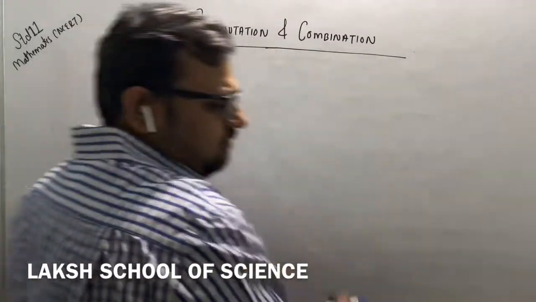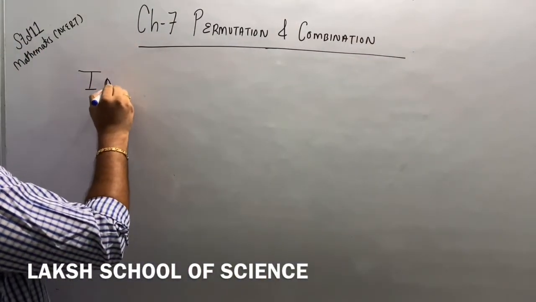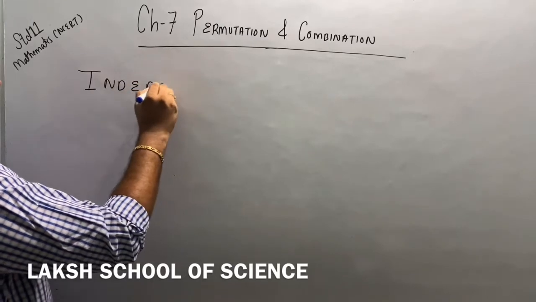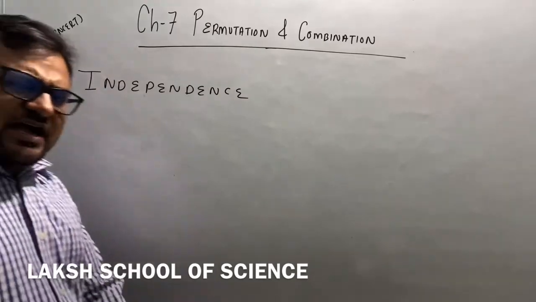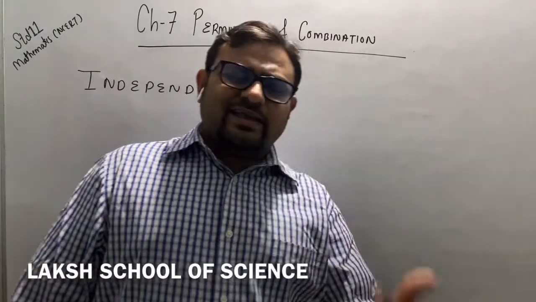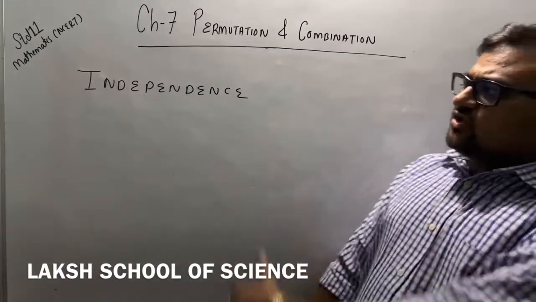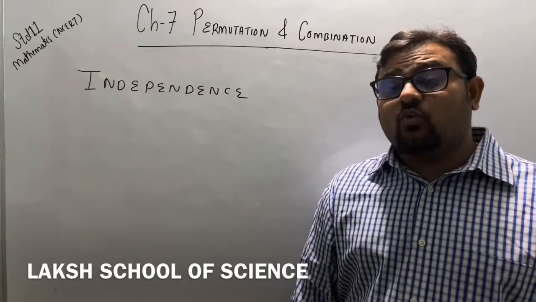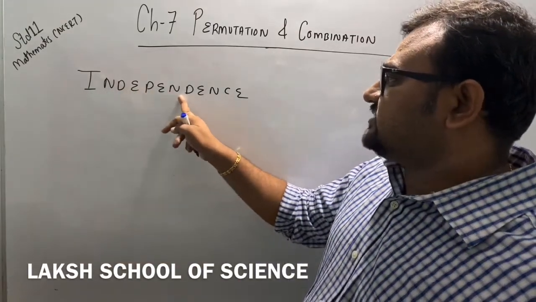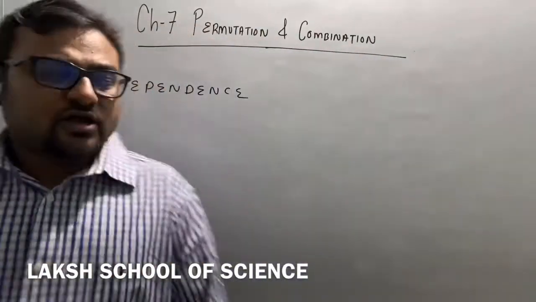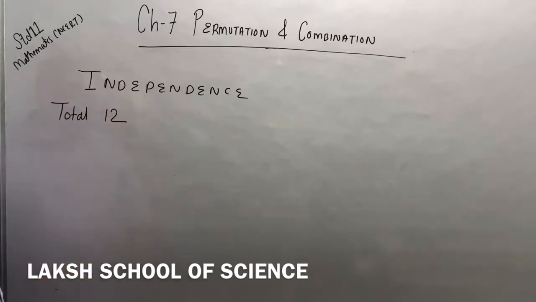Clear? So now let me give you one more sum. Let's take INDEPENDENCE. Now, if the question is asked, how many words you can form using all the alphabets of independence at once. So now just calculate 1, 2, 3, 4, 5, 6, 7, 8, 9, 10, 11, 12. So total 12.